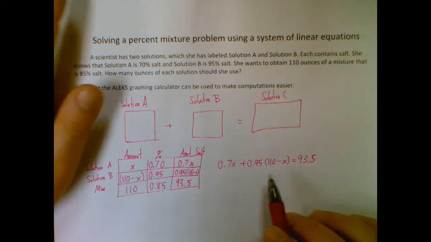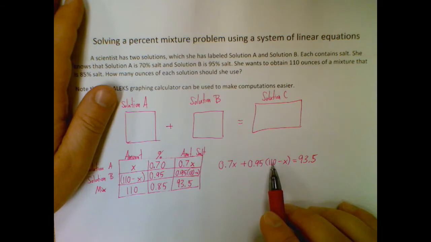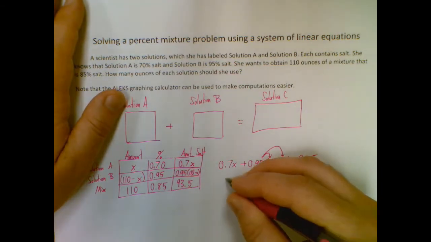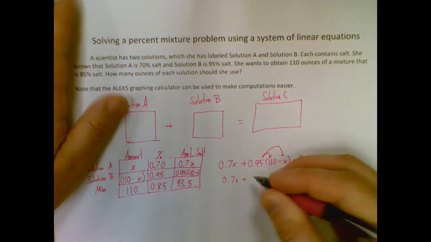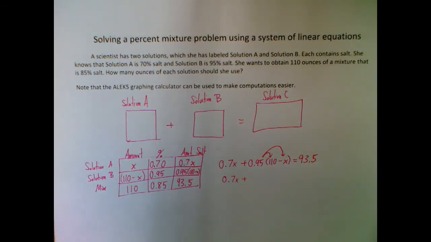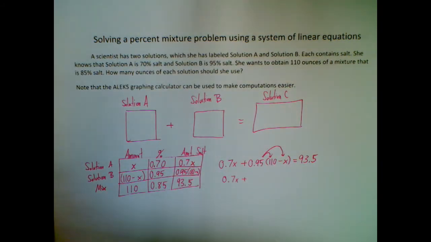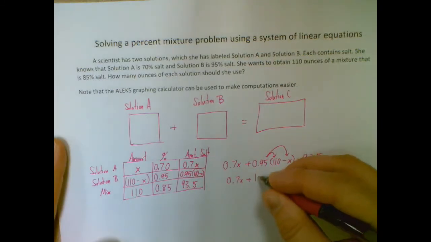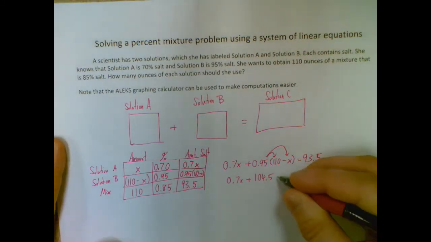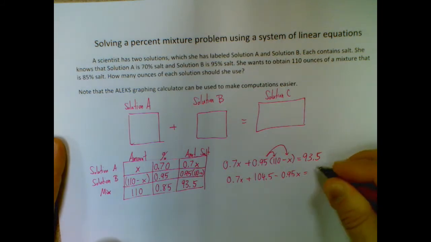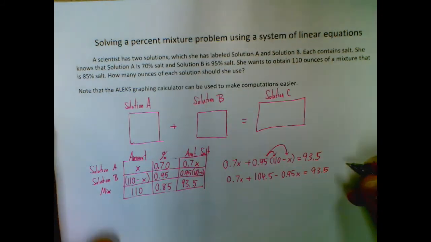Okay. So now we just need to do some quick math here to simplify this one down. I'm going to distribute here: 0.7x plus 0.95 times 110, which is 104.5, minus 0.95x equals 93.5.